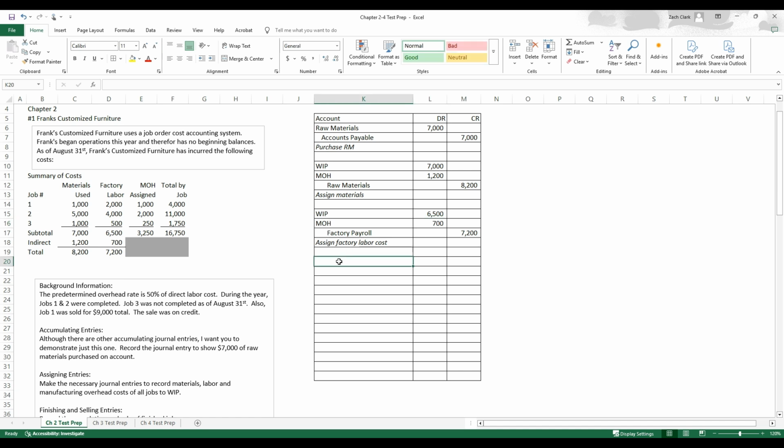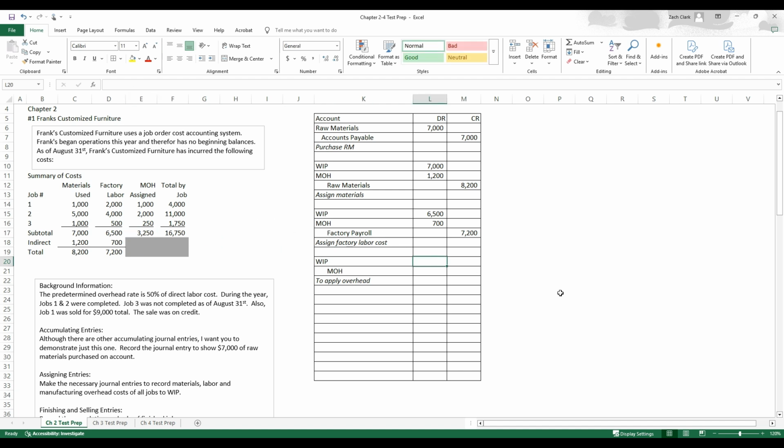Okay, so like I said, we're going to be debiting WIP for the applied overhead using our predetermined overhead rate. And we're going to be crediting the manufacturing overhead account. And we'll say to apply overhead. And we can see the total right here.